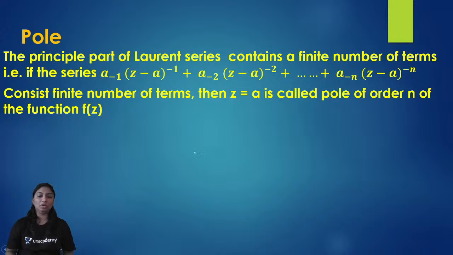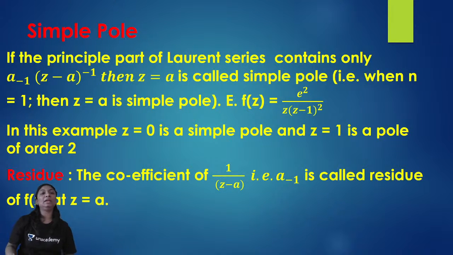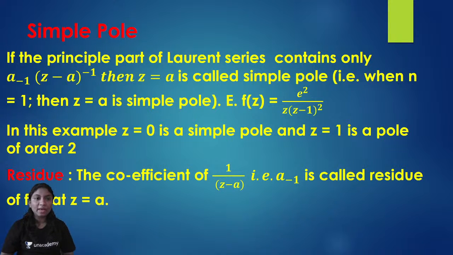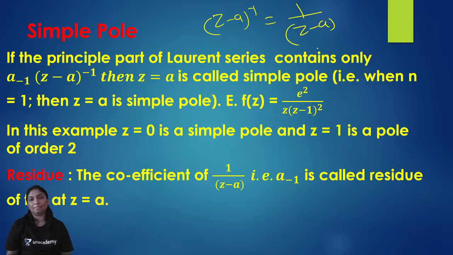ये आपका pole. Now there are two types of poles. First simple pole and pole of order n. अभी simple pole क्या है? If the principal part of a Laurent series contains only a minus 1 into z minus a raised to minus 1, then z is equal to a is called a simple pole. z minus a raised to minus 1 means it is 1 upon z minus a, right?